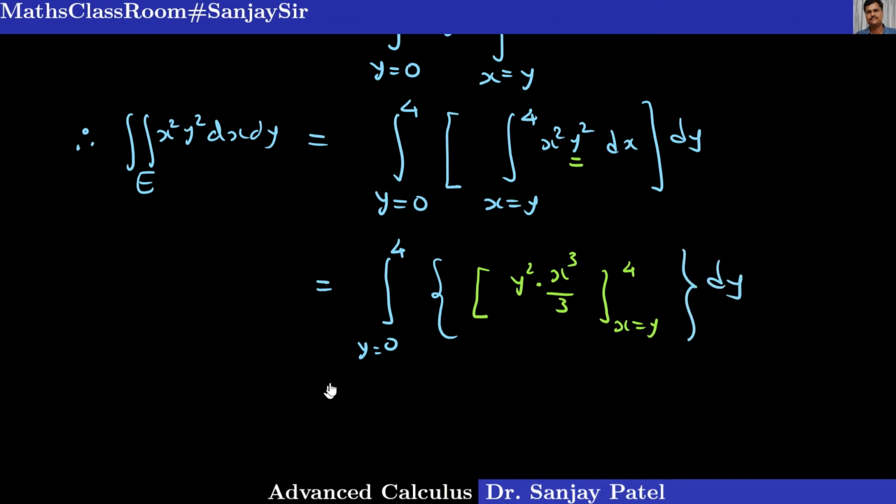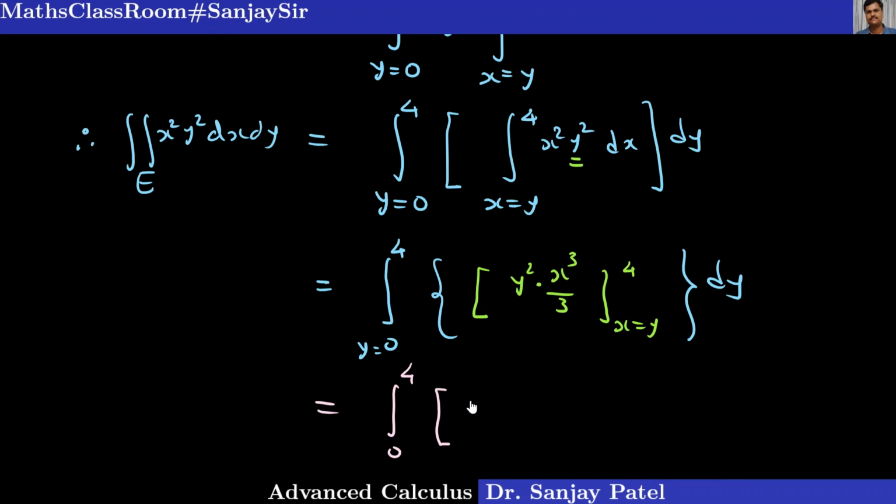Okay, so this is equal to the integral 0 to 4 into putting the limits of integration. These are the limits of x, remember this is x equal to 4, so I will put 4 wherever x is there.